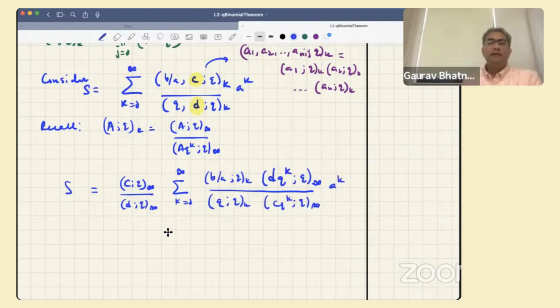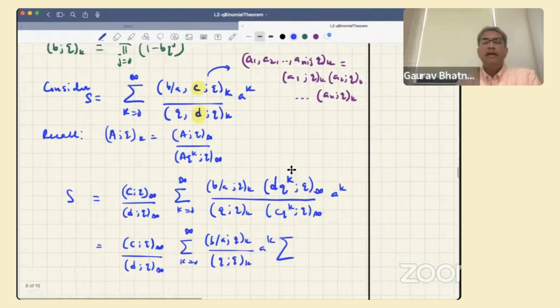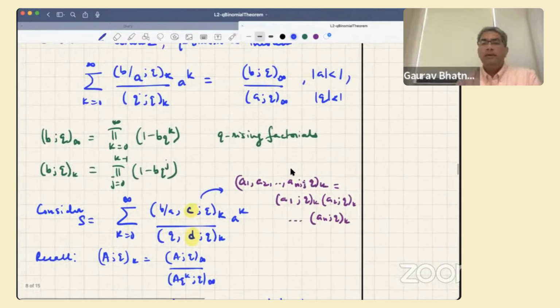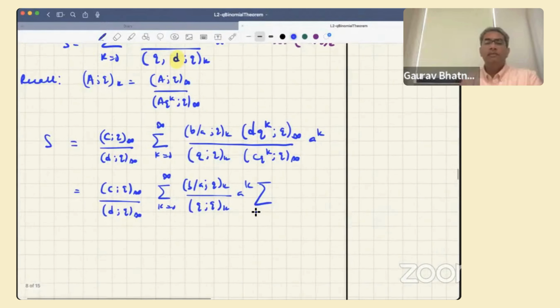And there's a to the k. So now this whole thing is repeated, (c;q) infinity over (d;q) infinity, and this part stays where it is. And this product, we can again apply the binomial theorem. Let me use m.